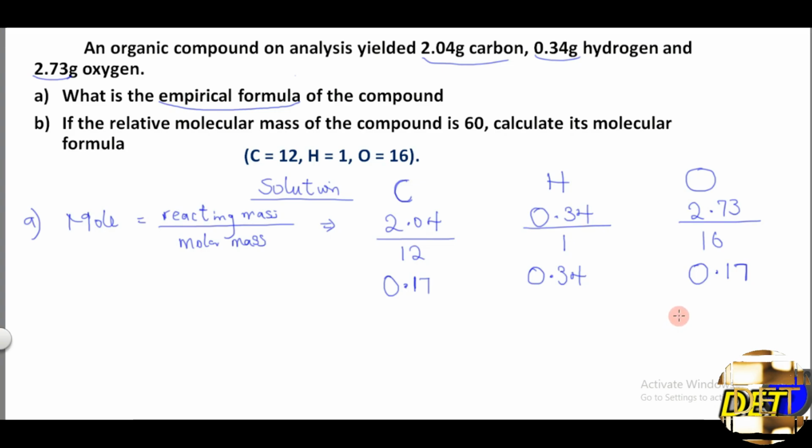Then the next thing we should do is to divide by the smallest value, right? What's the smallest value here? The smallest value is 0.17.